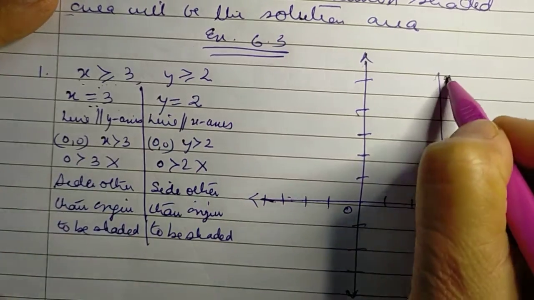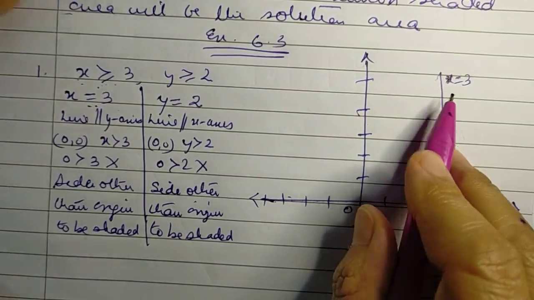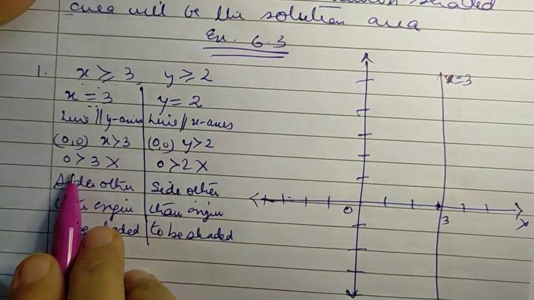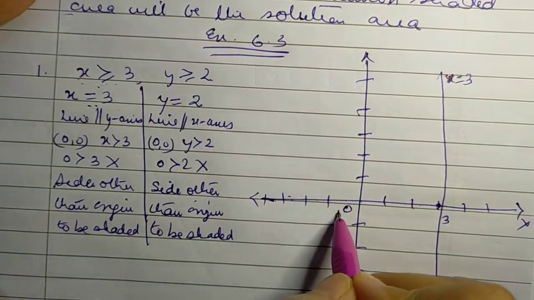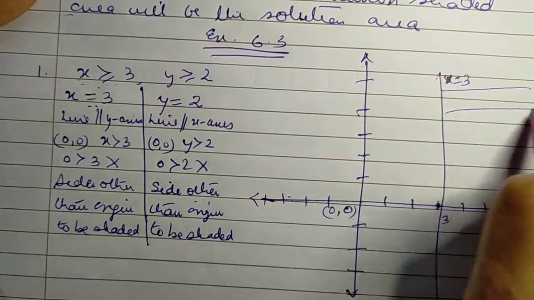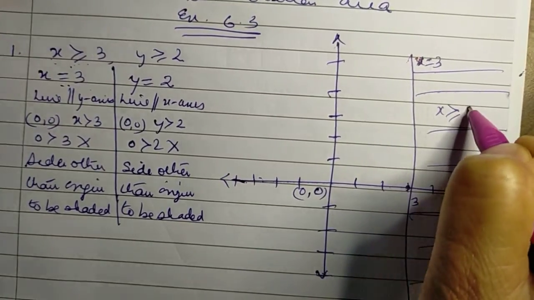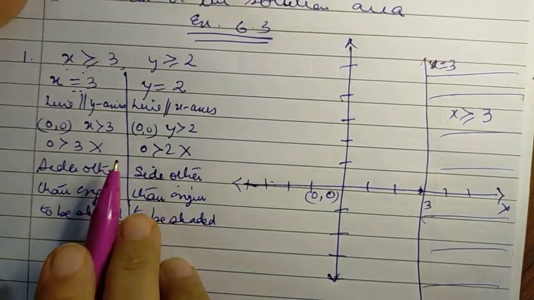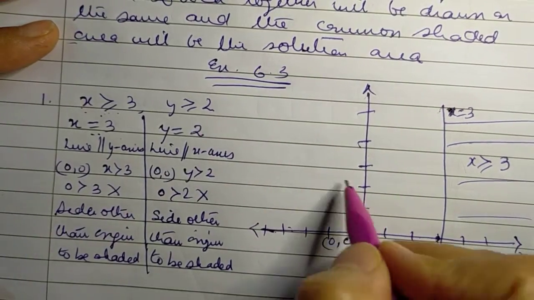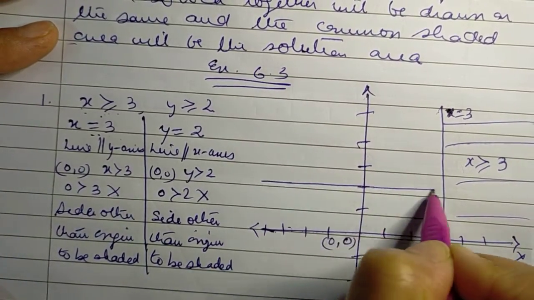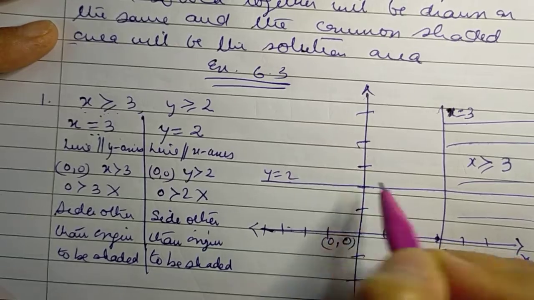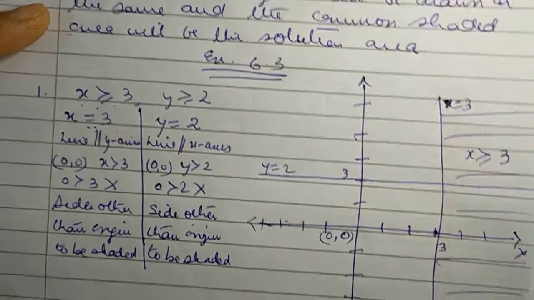This is the line x equal to 3. The side other than the origin is to be shaded, which means this is the solution area for x greater than or equal to 3. Now we draw the line y equal to 2. Y equal to 2 is this line, passing through y equal to 2.